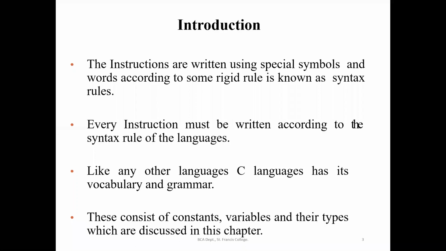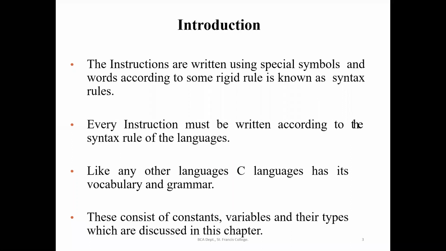Now we will come to what is needed for writing a program. We already saw that, like any other language, the C language also has a vocabulary and a grammar. English you have studied, right? You have alphabets and certain grammar to be followed.